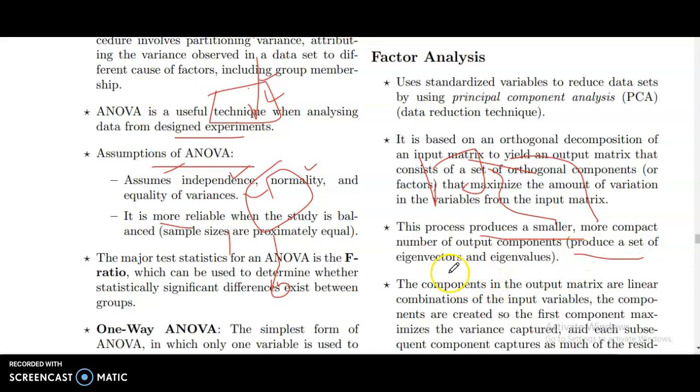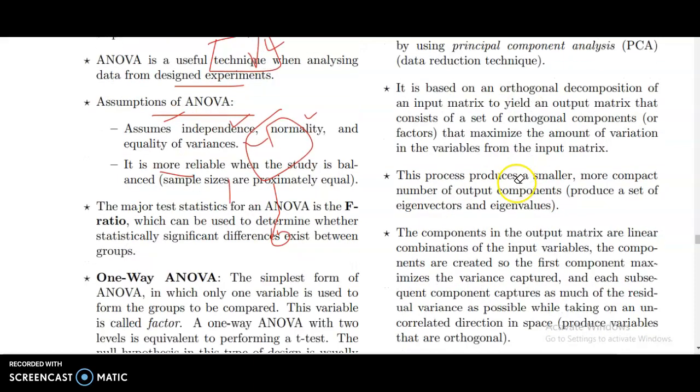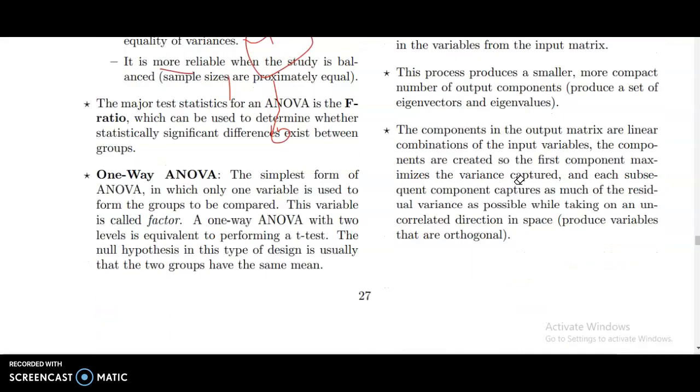It produces a set of eigenvectors and eigenvalues. The components in the output matrix are linear combinations of the input variables.